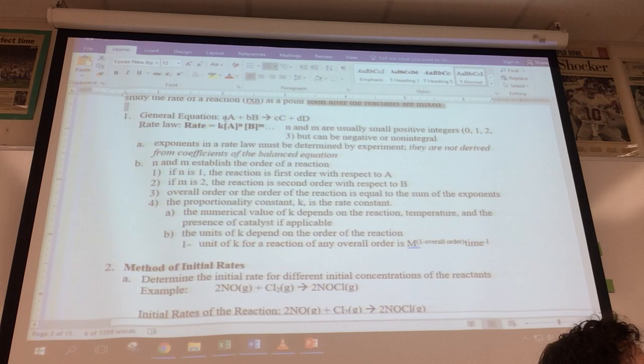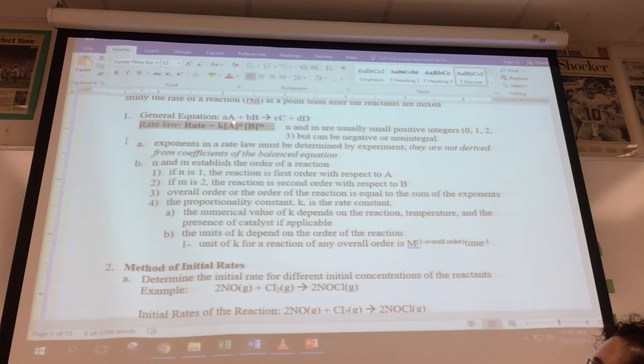If you have that same general equation we looked at previously, your rate law is going to look something like this. You have rate is equal to k. k is a proportionality constant. We'll be playing with k this year.